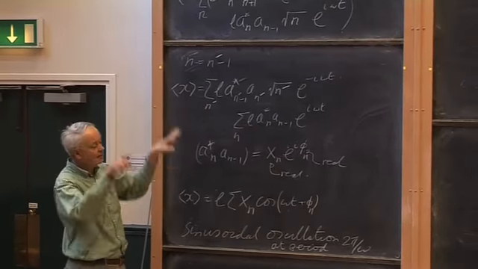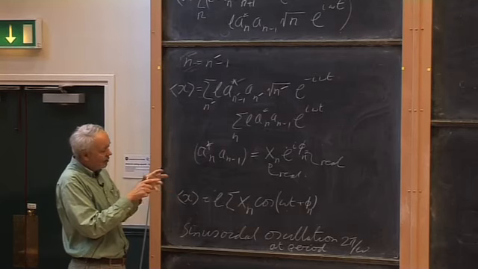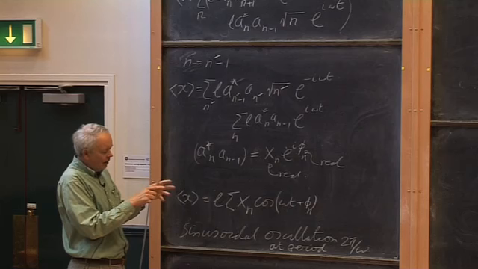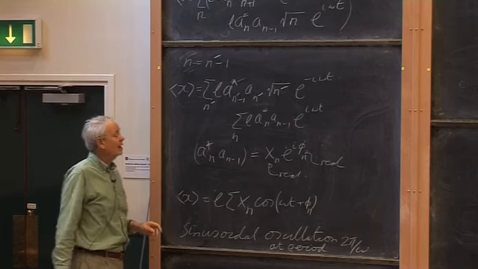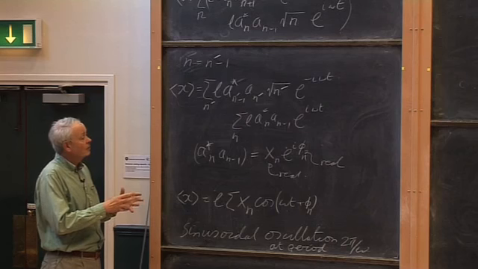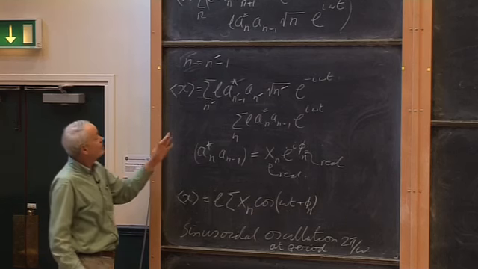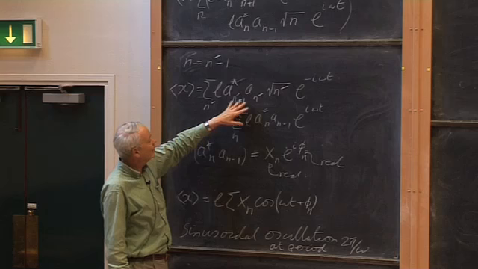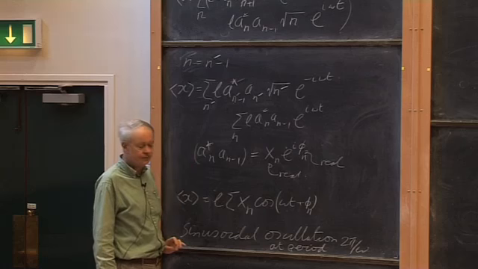So a highly excited oscillator has the non-zero values of A_n all clustered around a large value of n, and an only gently excited oscillator has the A_n around zero or small values of n being fairly large, and therefore this sum will be dominated by whatever region has the large values of A.